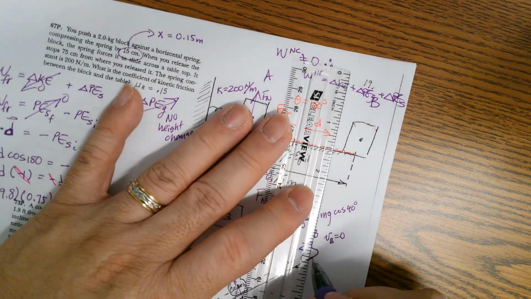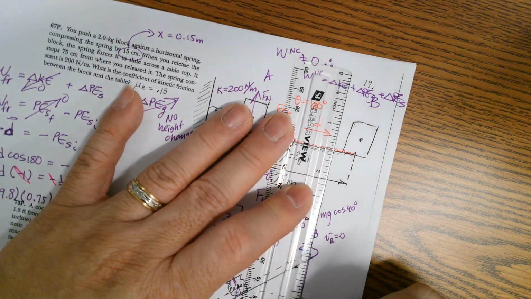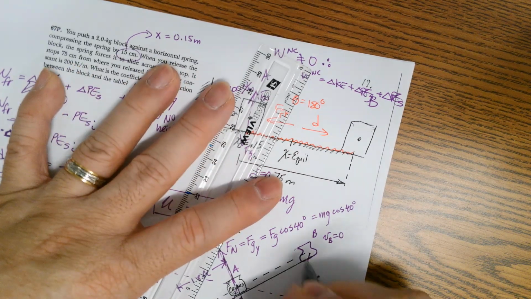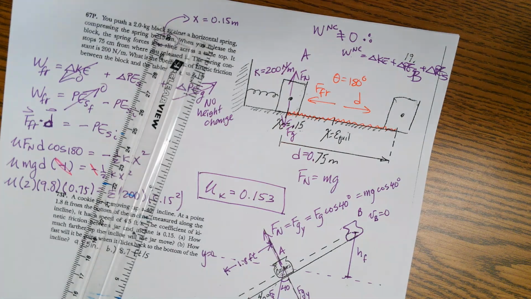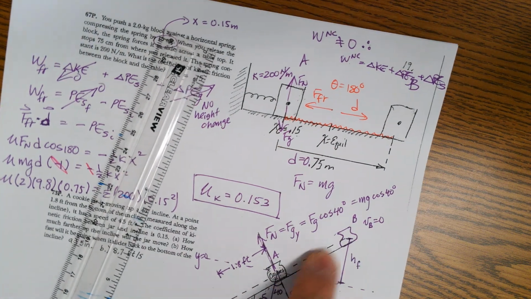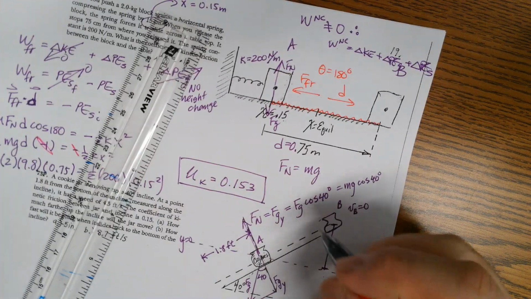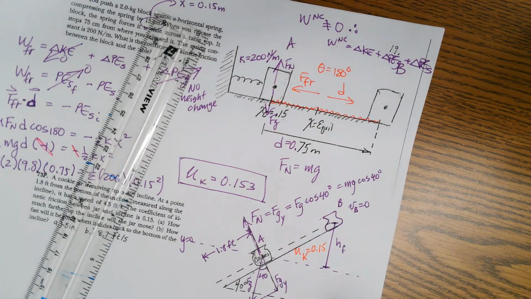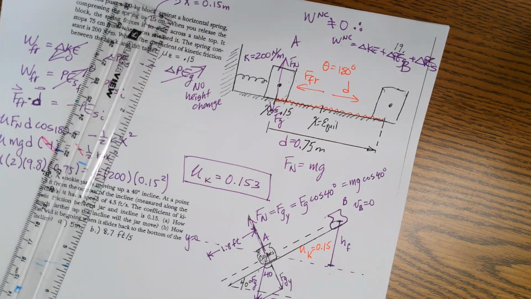So this distance here is my h final. So it gains potential energy. But there's definitely some friction going on, and the mu sub k is equal to 0.15. So there's work done by friction.